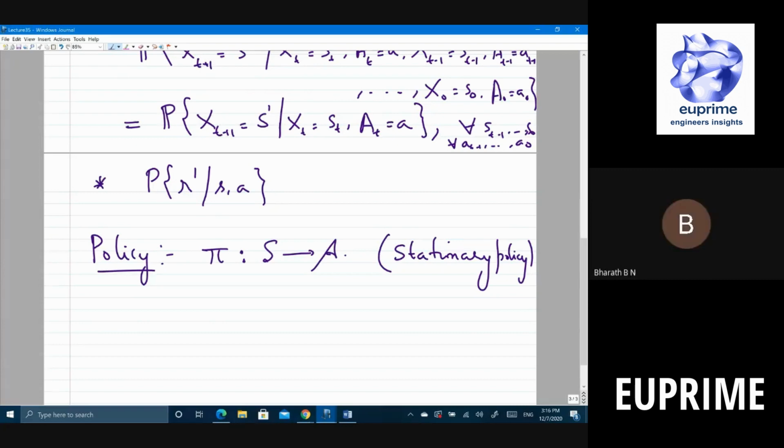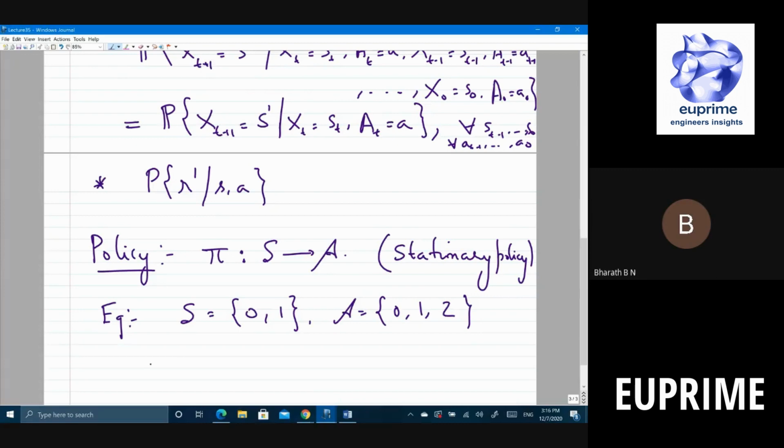Hello, sir. Yes. So this pi is the same for every state? No. So for example, let's say you have two states, 0 or 1. An action could be transmit at medium power, transmit at low power, high power.